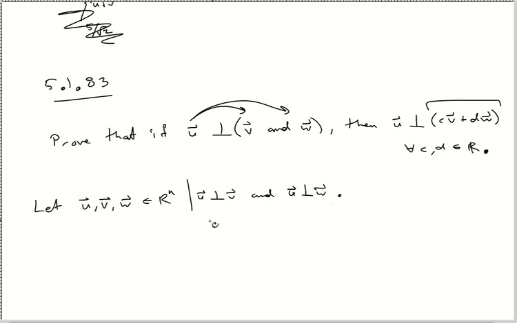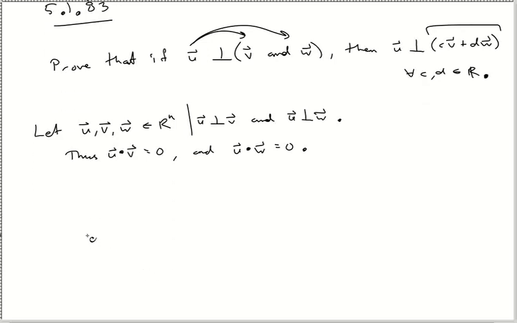When I have these perpendiculars here, I'm going to say thus my u dot v is equal to 0. I think we had talked about that above. And u dot w is equal to 0. And those are scalars. So because they're perpendicular, my dot product is equal to 0. So let me start with this big old hunk of stuff right there. I got u dot, and then I got cv plus dw.